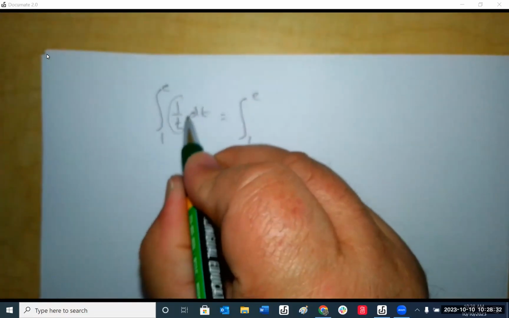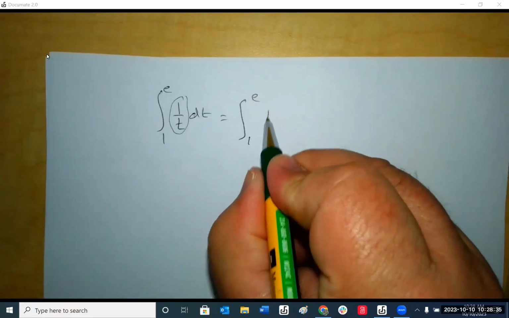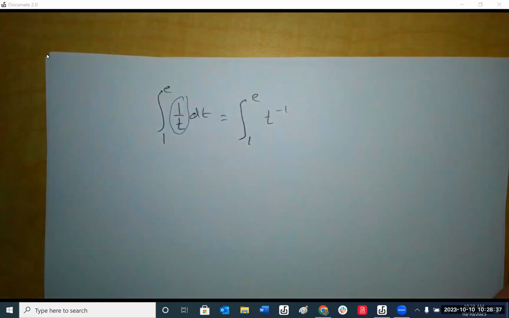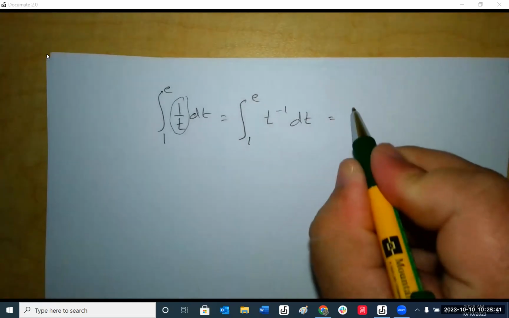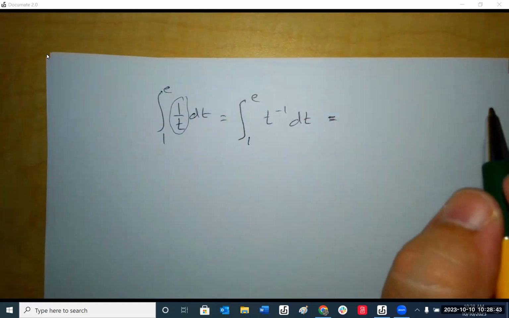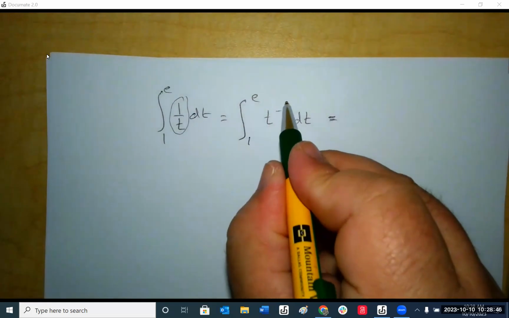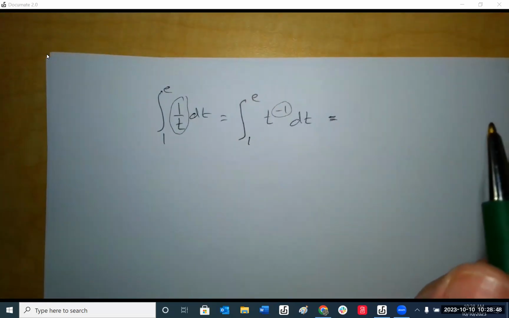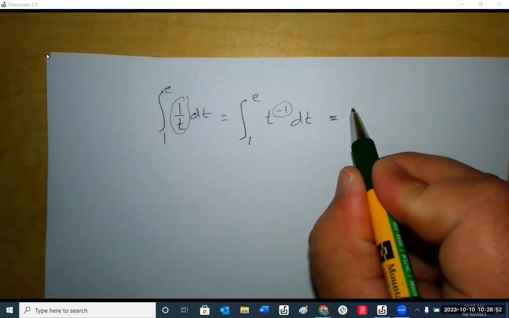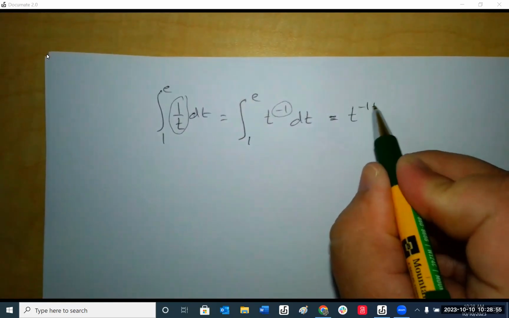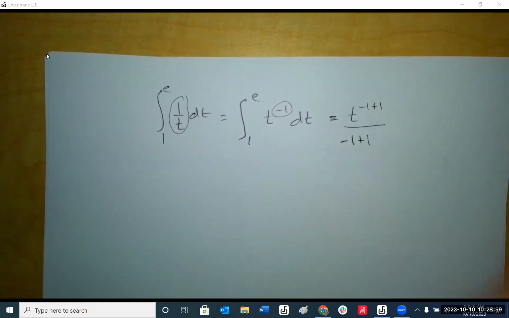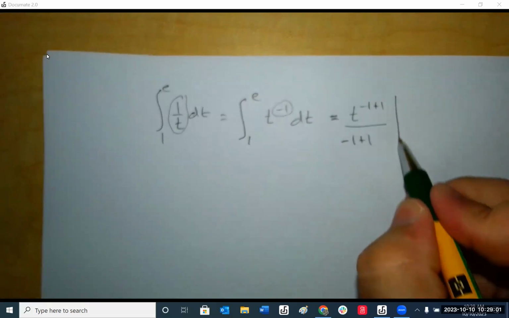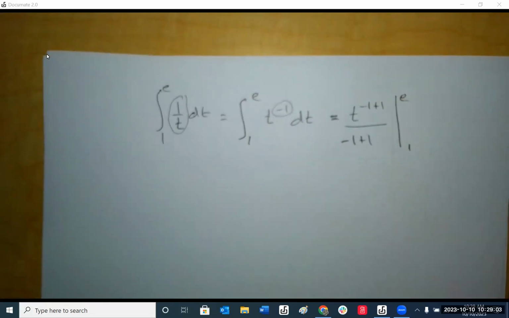We would rewrite this as t to the power -1. And the rules for integration: take the top of your exponent and do what with it? So we have -1 plus 1, and on the bottom we'd have -1 plus 1, from 1 to e.